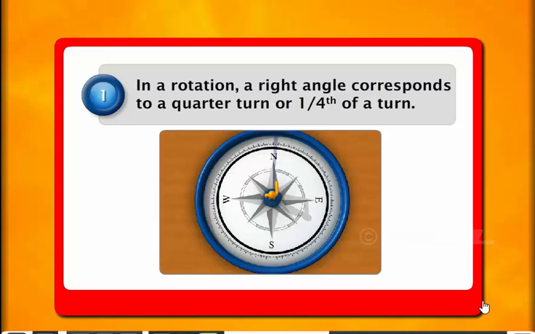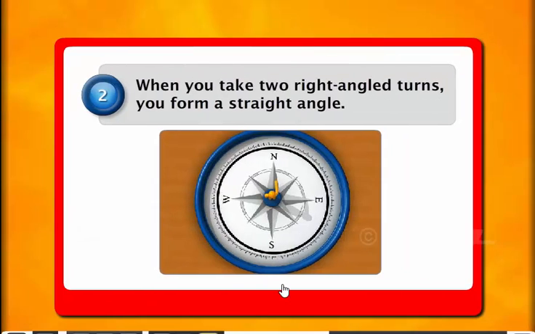In a rotation, a right angle corresponds to a quarter turn or 1/4 of a turn. When you take two right angled turns, you form a straight angle.